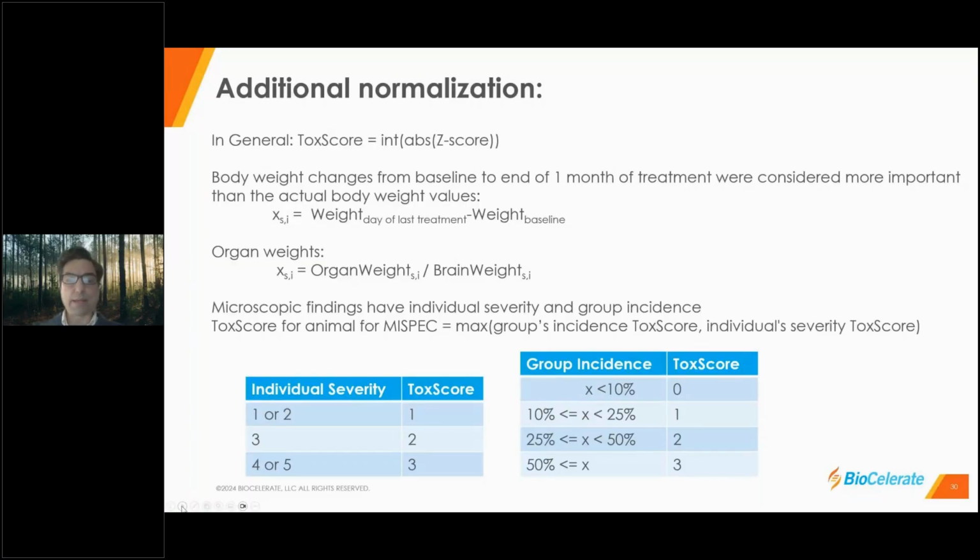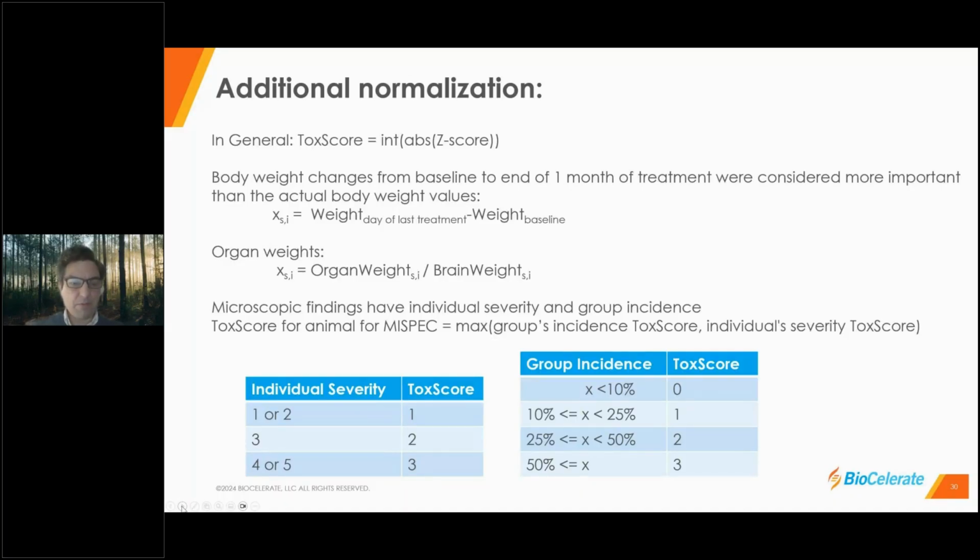The microscopic findings present some additional challenges because, of course, we have the severity scores of the findings, as well as the incidence of the findings. And so we used the maximum of either the incidence for that group or the individual's severity score, because we didn't want an individual's significant value to be washed out with an average across the group.